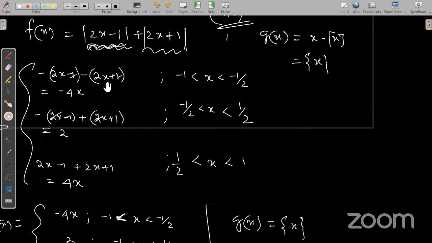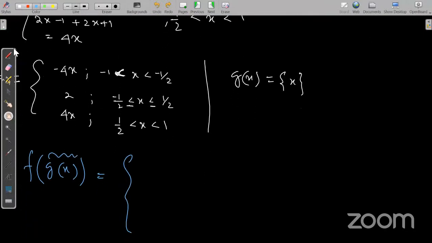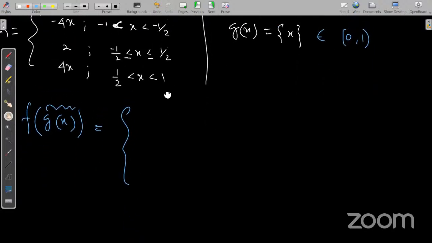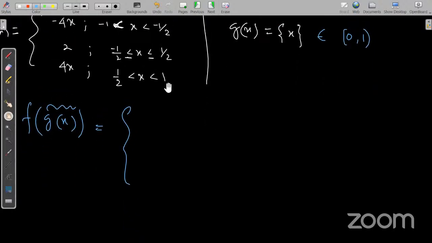All of you know the range of the fractional part function is 0 to 1, yes or no? And my critical point is 1 by 2, right?